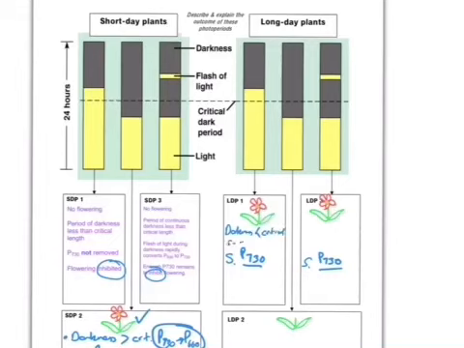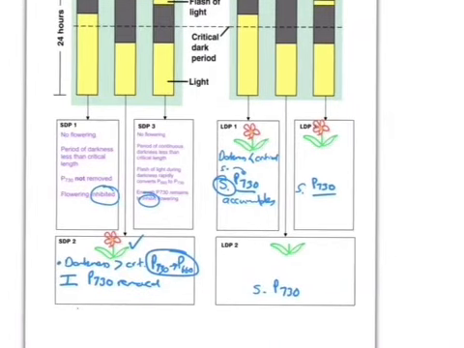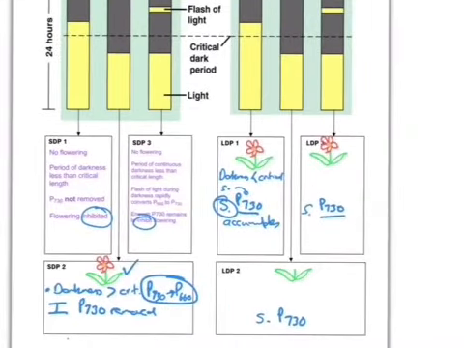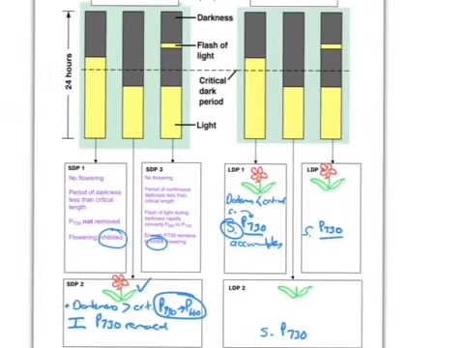So P730 accumulates and stimulates flowering. In the second one, we get no flowering. Why? Period of darkness is greater than the critical. So what? We get the slow conversion of P730 converted to P660 slowly in the darkness. So not enough stimulatory P730 remains for flowering.